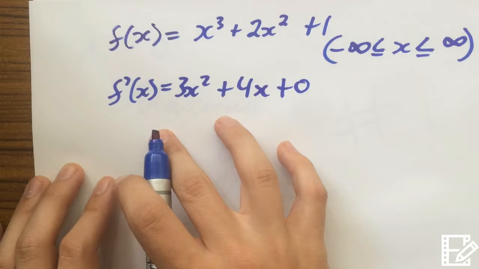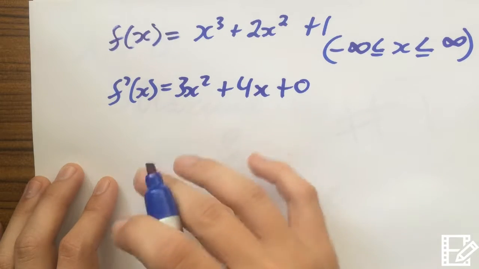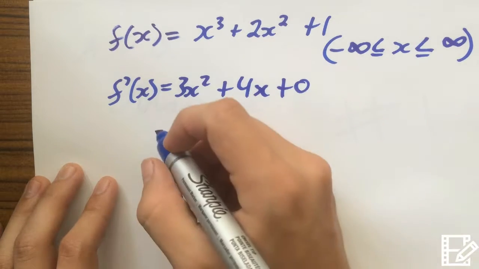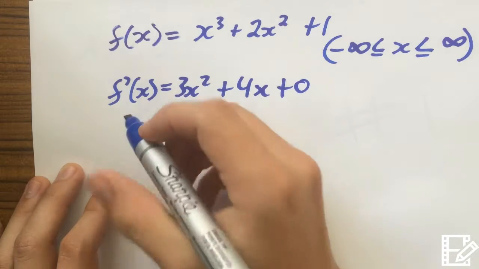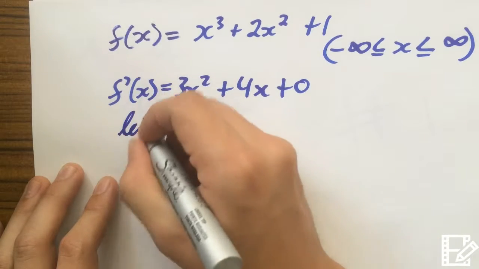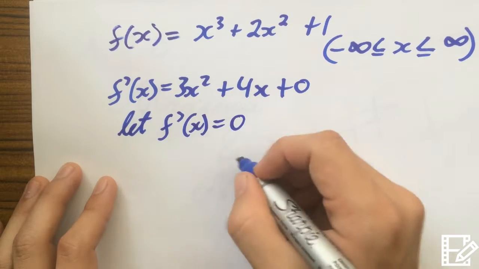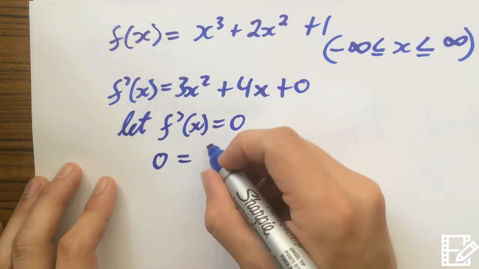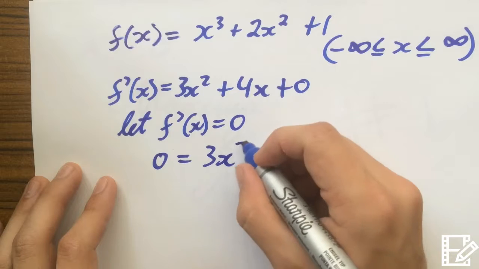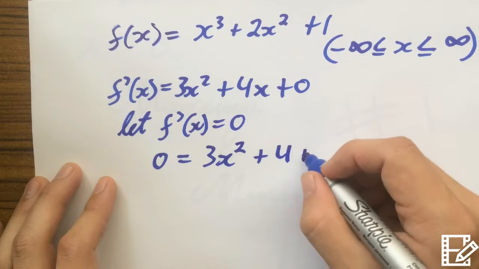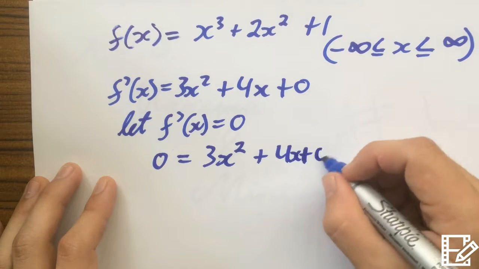If you've watched my video on critical numbers or critical points, you'll know that to find the critical numbers, we let the derivative equal 0. Therefore we have 0 equals 3x squared plus 4x, and then we'll chuck a plus 0.